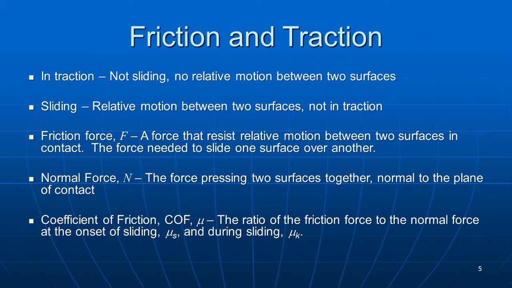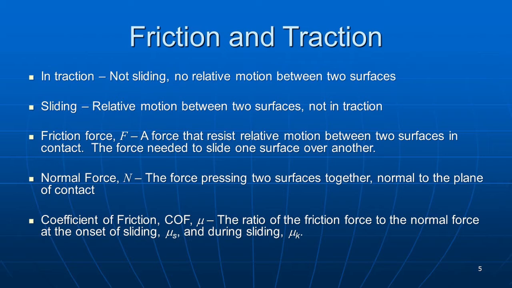The frictional force is the force that is generated between a web and a roller surface that prevents motion. Some force is needed to cause one surface to slide over another, and frictional force resists that motion. Normal force is the force that is pressing two surfaces together, of course, normal to the plane of contact.